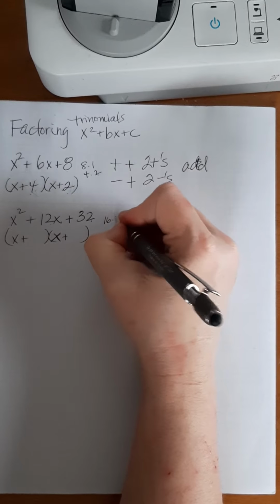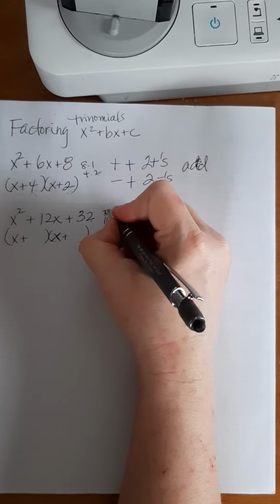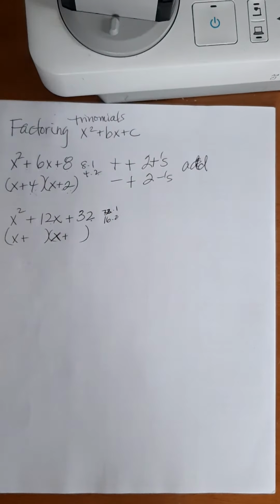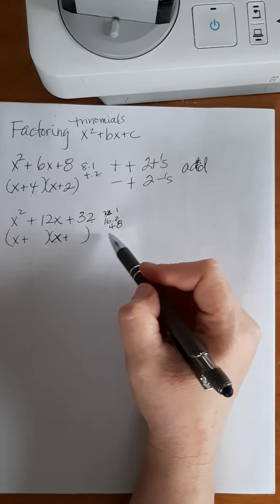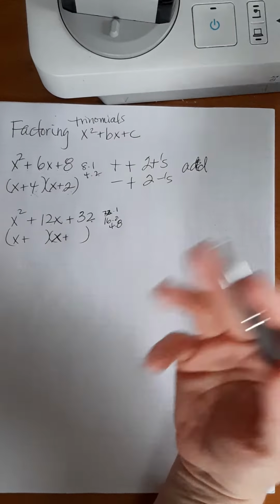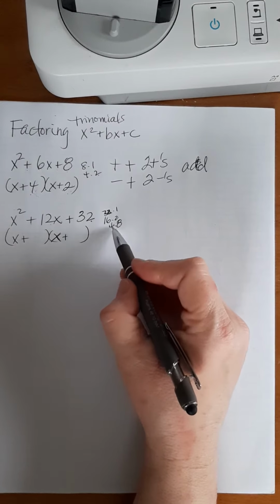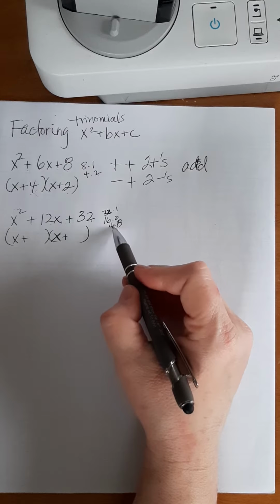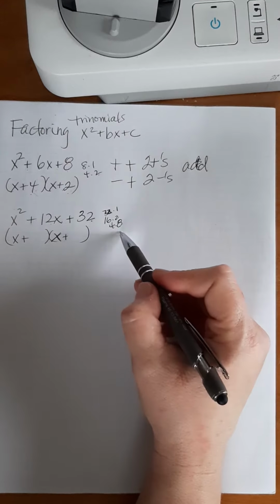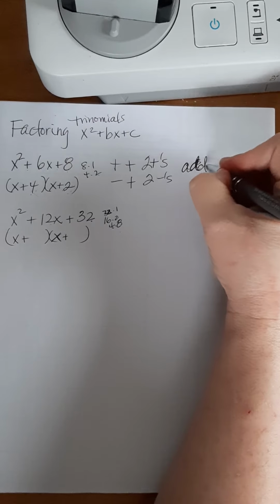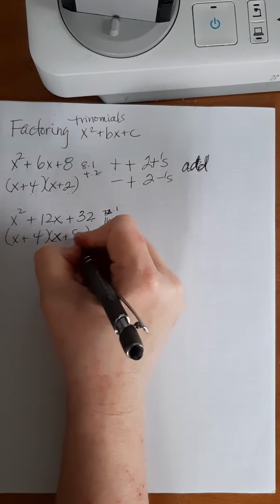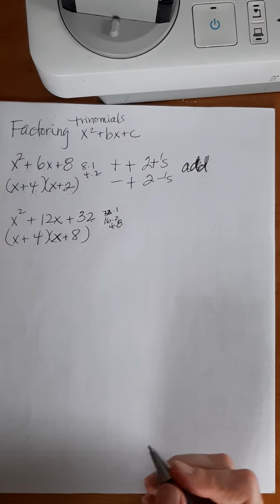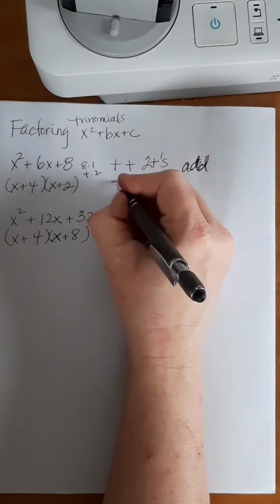Well, you've got 32 and 1, 16 and 2, but usually the numbers closer together, the smaller ones, are what jump out at you. And in this case, 4 and 8. Because 4 and 8 multiply to give you 32, but remember, add to give you 12. 4, 8.